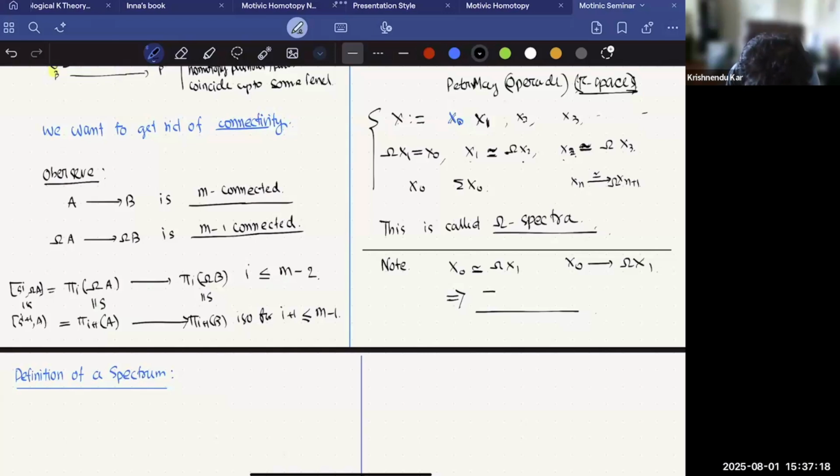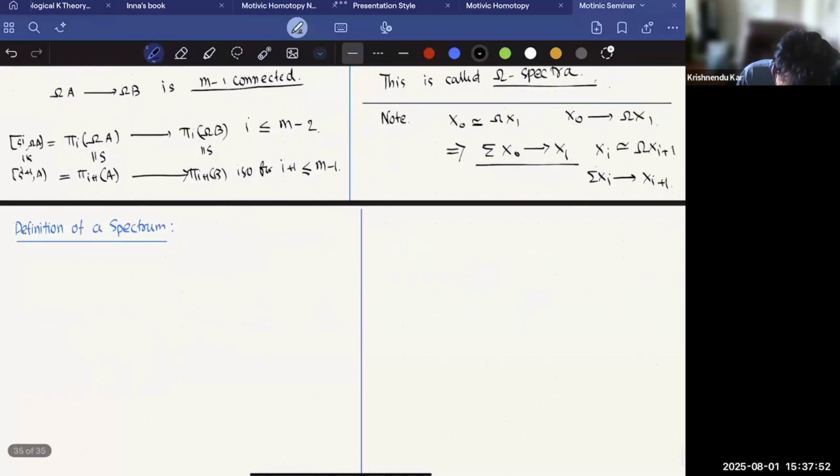By loop-suspension adjunction, that means I have a map from the suspension of x0 to x1, and I want to capture all this information. So instead of saying that xi is weakly equivalent to the loop space of xi plus 1, I want to say something like this: it is a map from the suspension of xi to xi plus 1. And that will give you the definition of spectra.